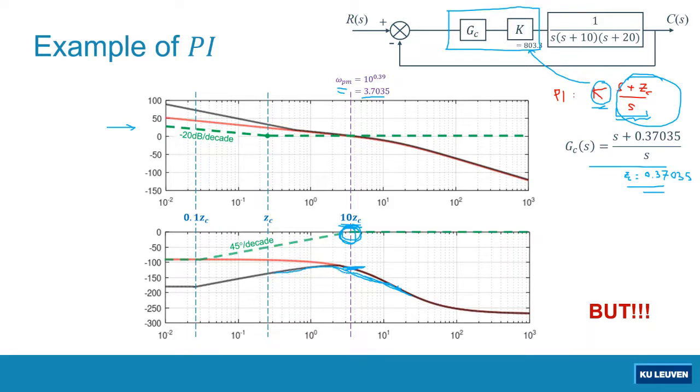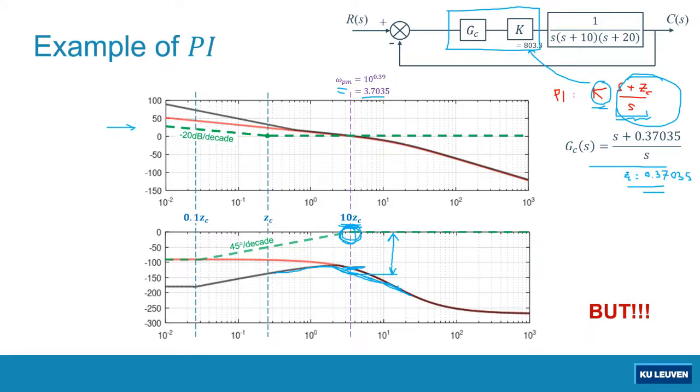It won't be equal to this point anymore. What does it mean? This means our real phase margin will be slightly more than the desired phase margin.